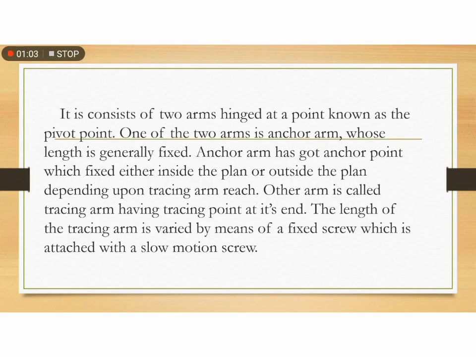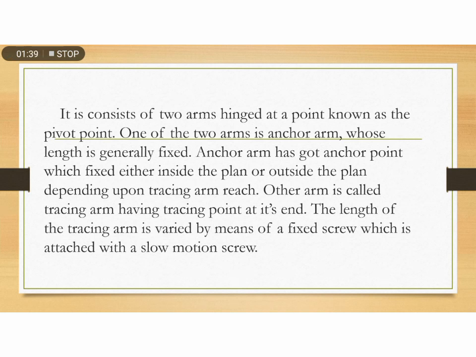So it consists of two arms hinged at a point known as the pivot point. So one of the two arms is the anchor arm whose length is generally fixed. So the anchor arm has an anchor point which is fixed either inside or outside the plan depending upon the tracing arm's reach. The other arm is called the tracing arm, having the tracing point at its end.